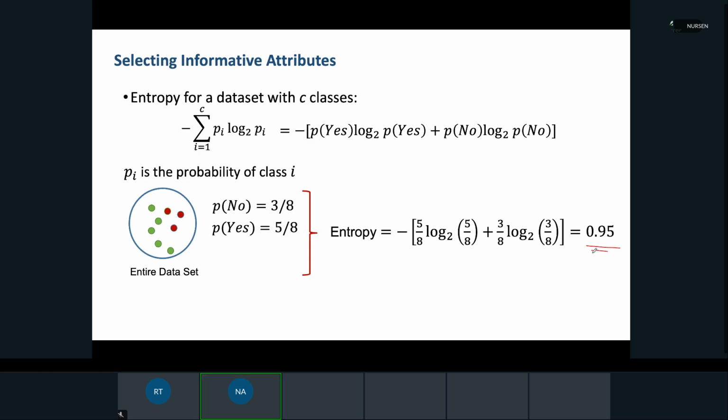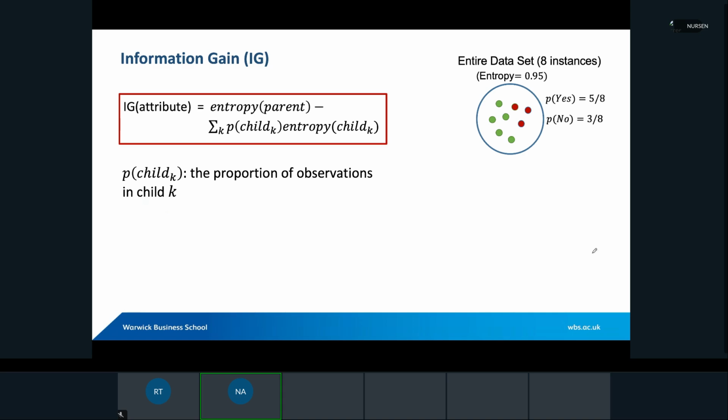So what does it mean? If we don't have any information about the patients, as in the entire data set, let's say we only have the target variable, without using any feature, the entropy is very high, so our data set is very, very mixed, highly mixed data. And with the information gain, we compare the entropy of the entire data set and how much we can decrease it by using the features.